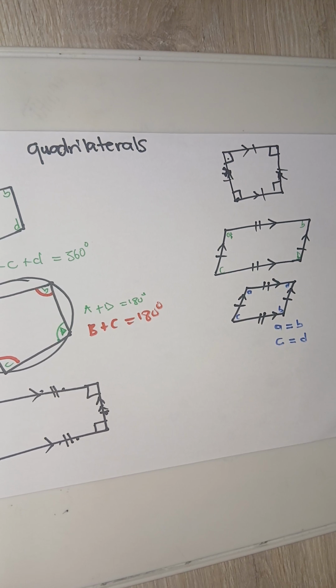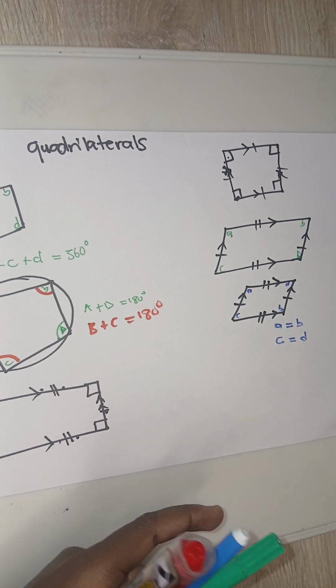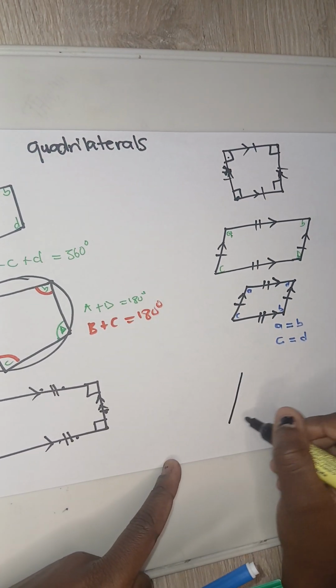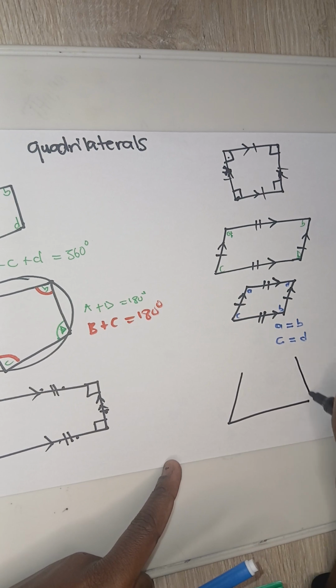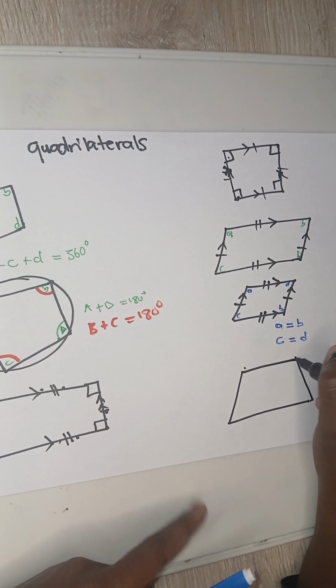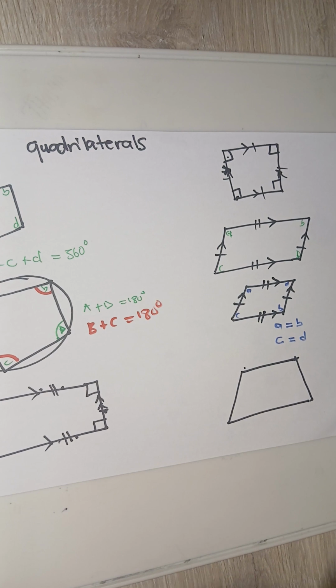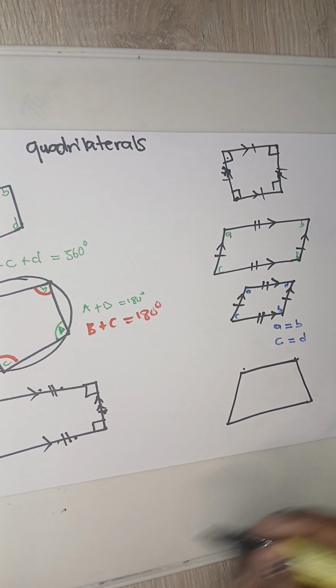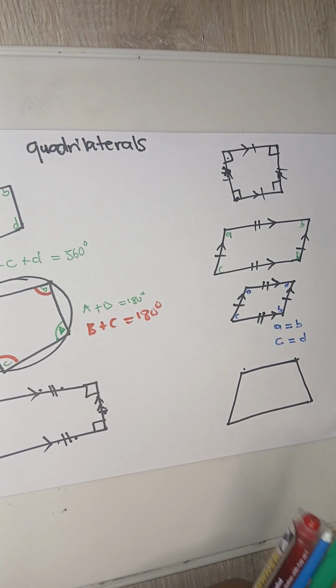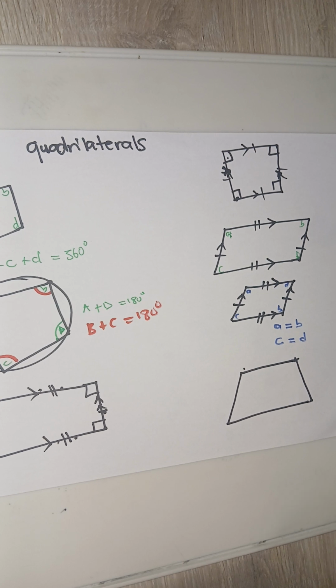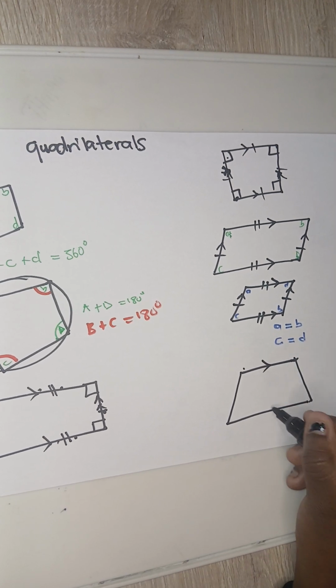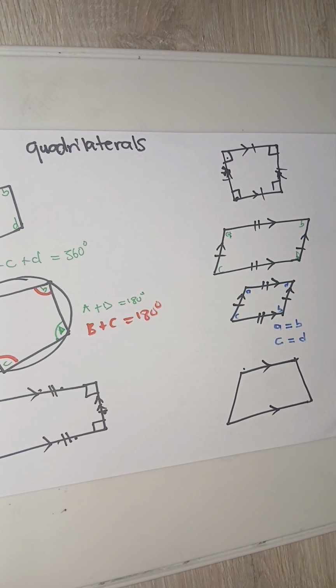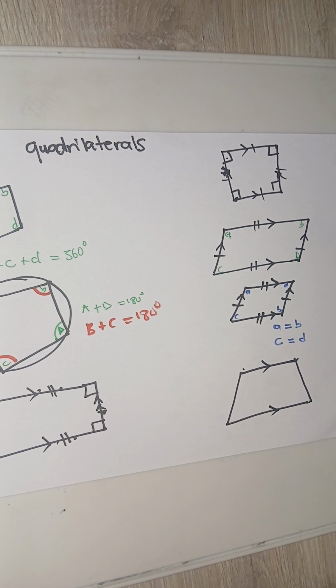Again, we have a trapezium. In a trapezium, the two lines are parallel, but the other ones are not. These lines are parallel.